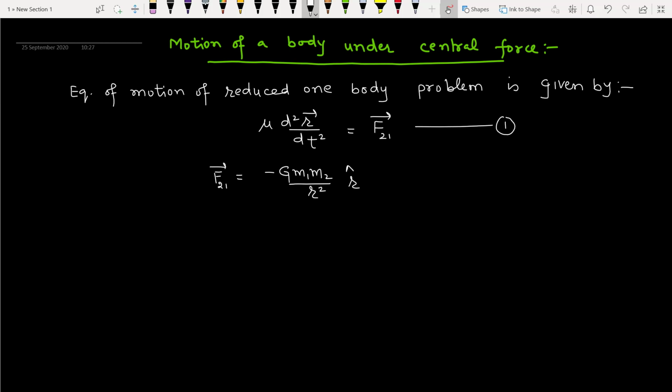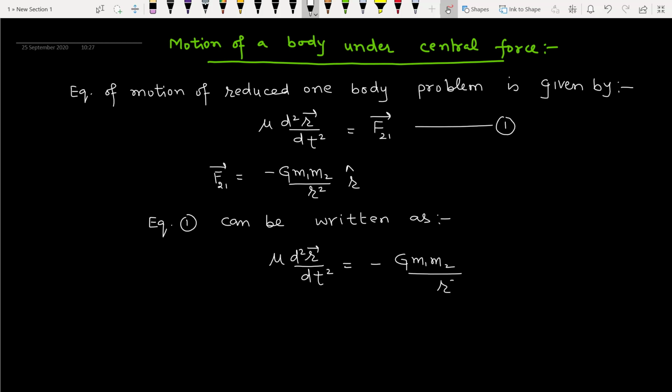So equation number 1 can be written as mu d2r vector upon dt2 equals minus G m1 m2 upon r square r cap.